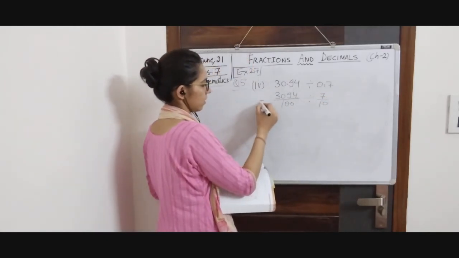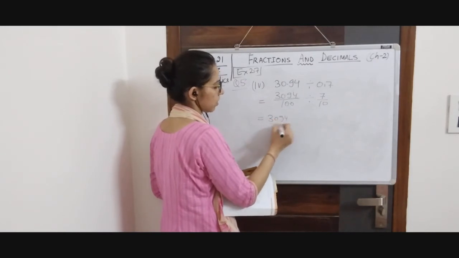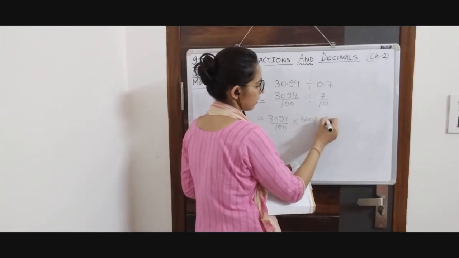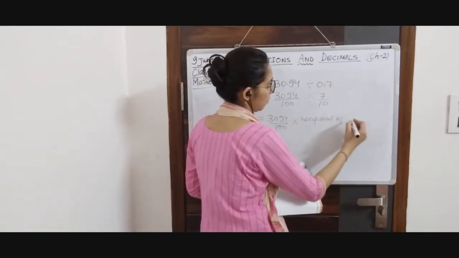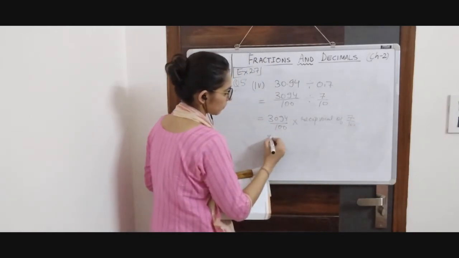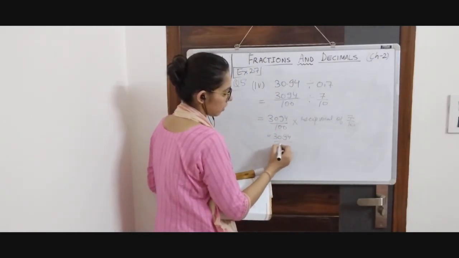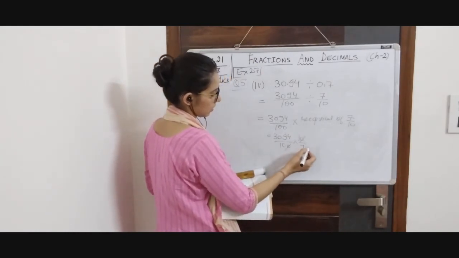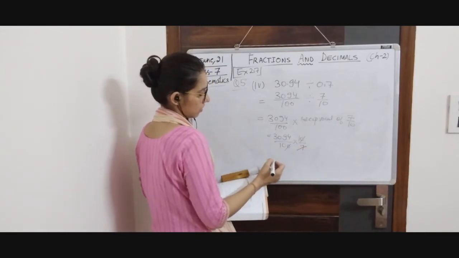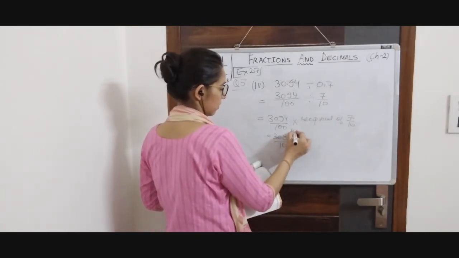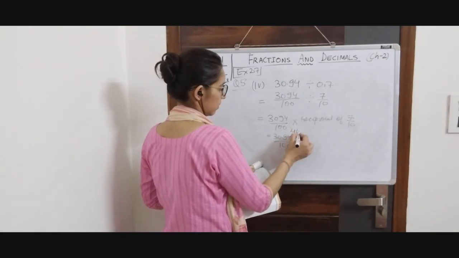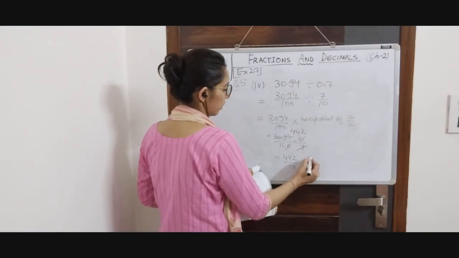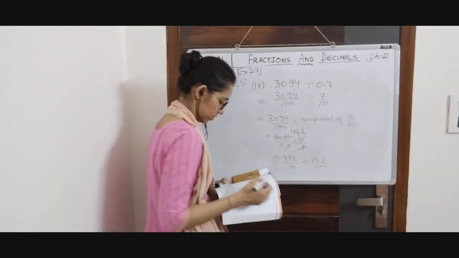Next step, multiply, and we will write the reciprocal of 7 by 10. 3094 by 100 into 10 by 7. Okay, 442 by 10, sorry, and it will be equal to 44.2.